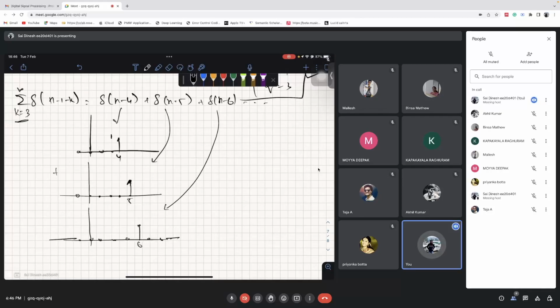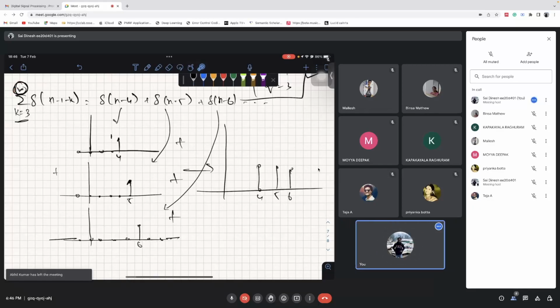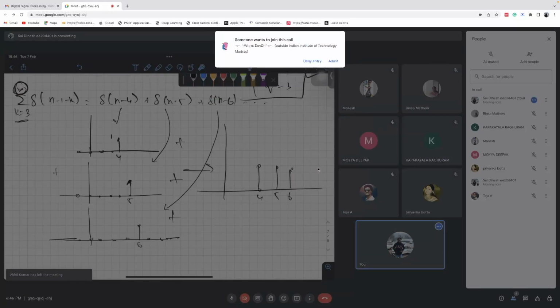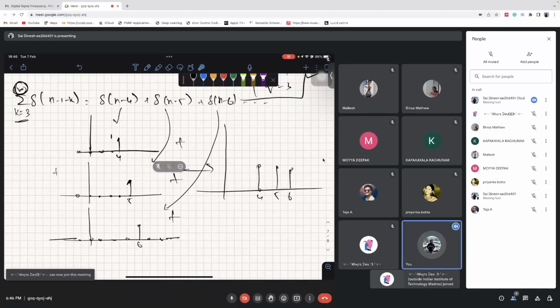If you add up all these signals, it is a summation. The final signal will be 1 at the fourth location, 1 at the fifth location, 1 at the sixth location, and it goes on until n equal to infinity.